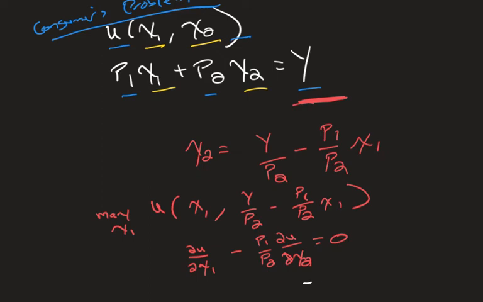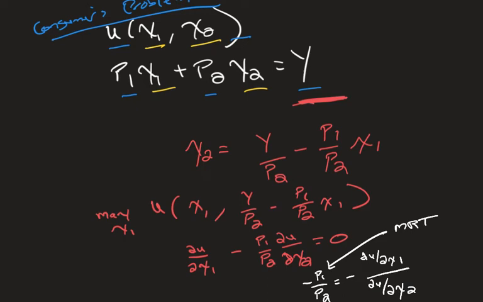Rearranging, we get minus p1 over p2 is equal to minus marginal utility from good 1 divided by the marginal utility from good 2. This should look familiar. This p1 over p2, that's the slope of our budget constraint, aka the marginal rate of transformation between goods, which is driven by their relative prices.